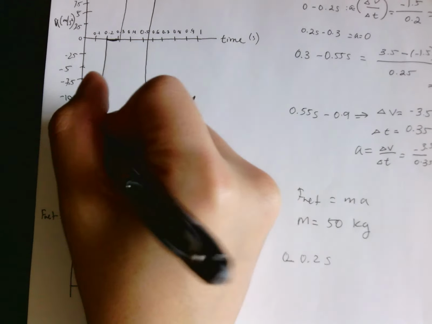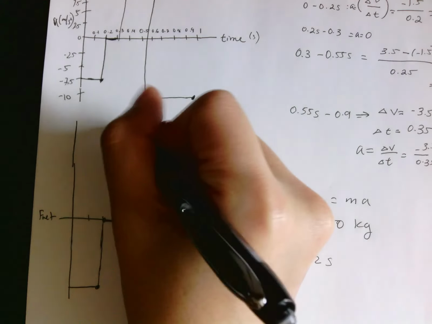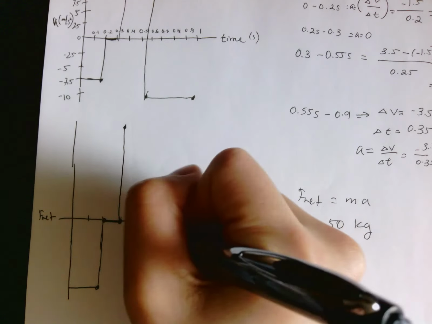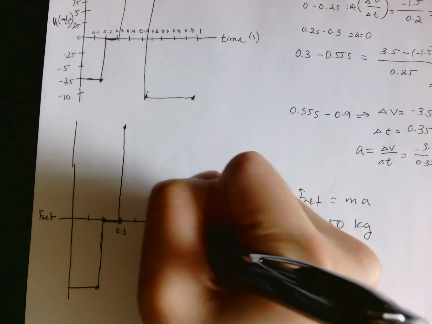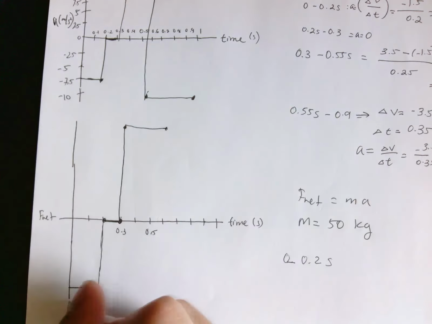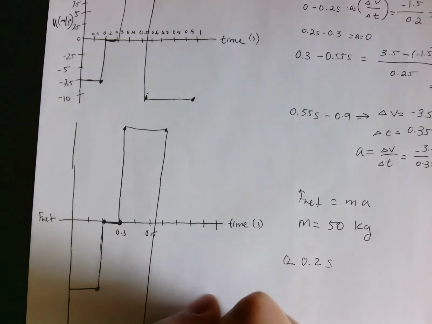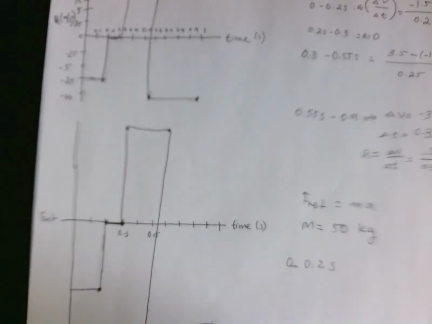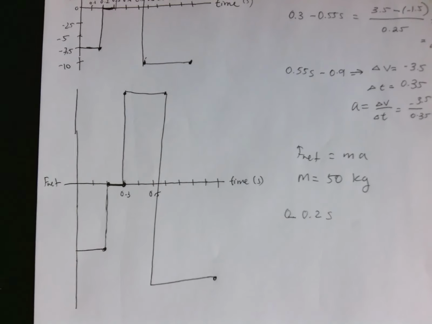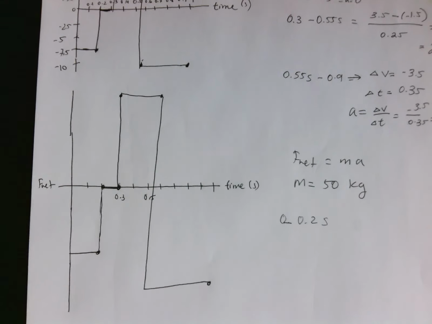And then from 0.3 to 0.55, it's going to be at its max. So 0.55 is here, and then it's going to come all the way down again, all the way till 0.9. That's going to be the shape, because it's the same shape as acceleration, but the magnitudes we'll plug in by multiplying by mass.